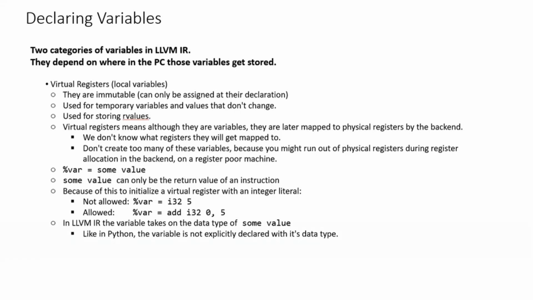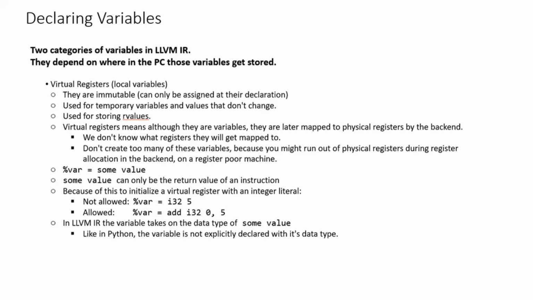The first category are virtual registers, which can only be local variables, and then memory variables, which can either be global or local variables. Virtual registers are immutable via the single static assignment property, so they can only be assigned at their declaration. And they are generally used for storing temporary R values and also values that don't change.